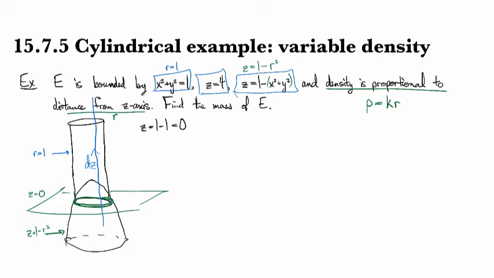So if we do that, we start at this bottom surface down here given by the paraboloid, and then stop when we get to this top region up here, given by the intersection with the plane z equals 4. So our integral goes from z equals 1 minus r squared up to z equals 4.